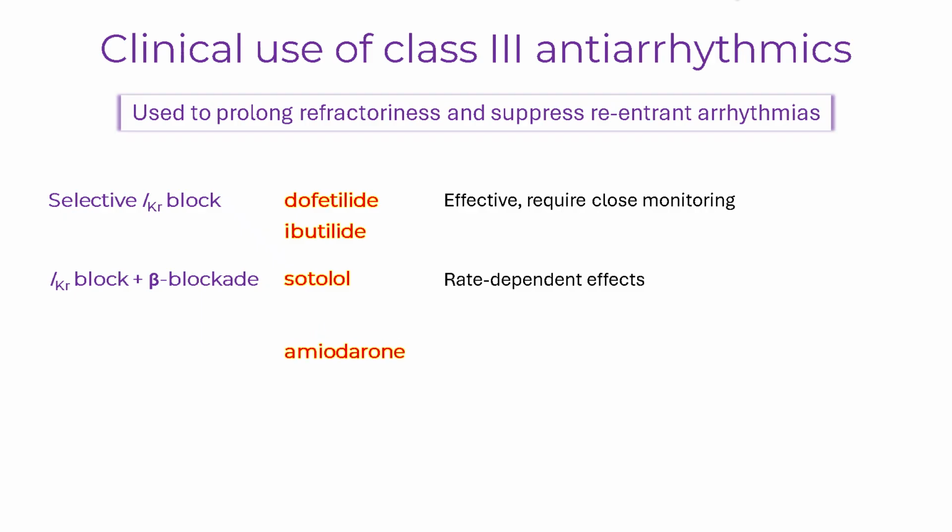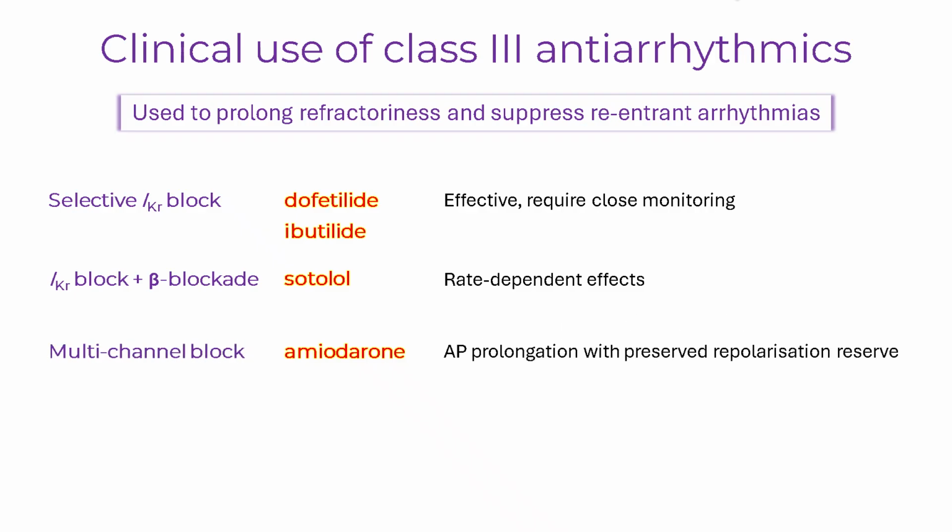Although it prolongs the action potential and QT interval, its multi-channel actions distribute repolarizing load and suppress early afterdepolarizations. This helps explain why it is effective against a wide range of atrial and ventricular arrhythmias, while carrying a comparatively low risk of torsade de pointes.